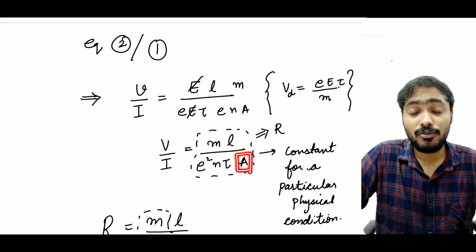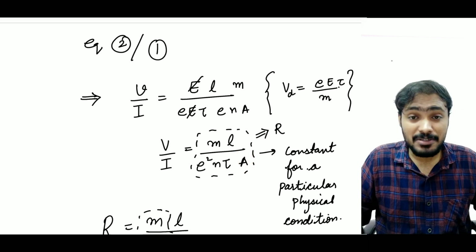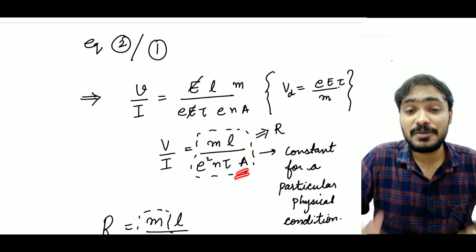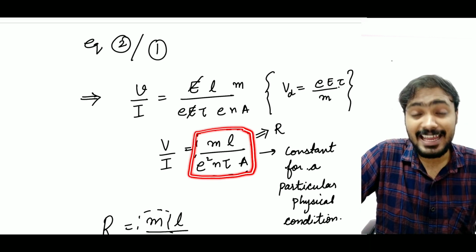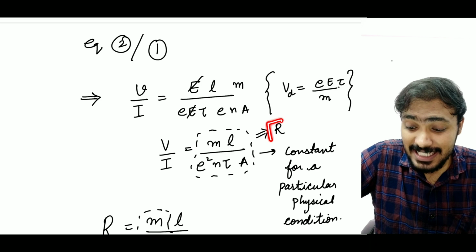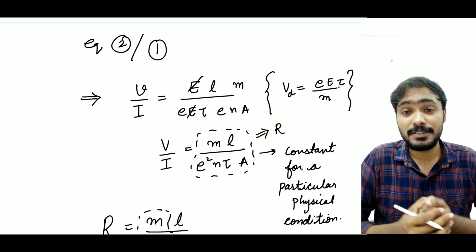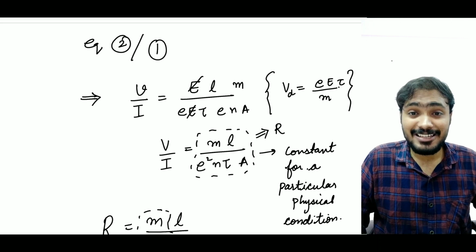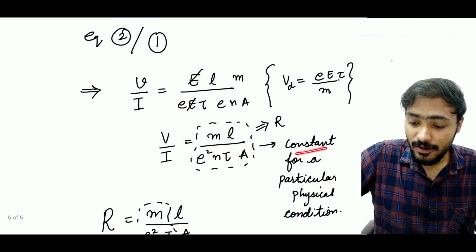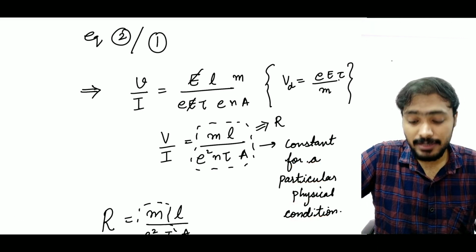This is the area of cross section, and you are not changing the dimension, so this will also remain the same. So you can see this entire term is a constant, which we call the resistance offered by the material to the current. So obviously it is a constant for a particular physical condition.